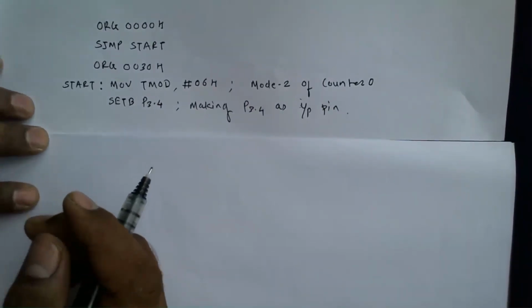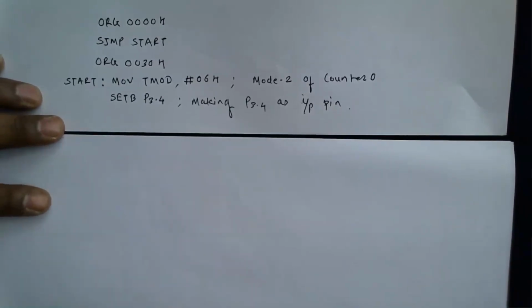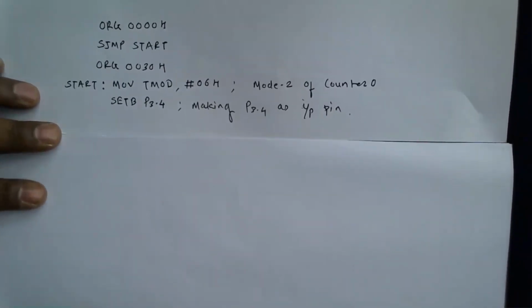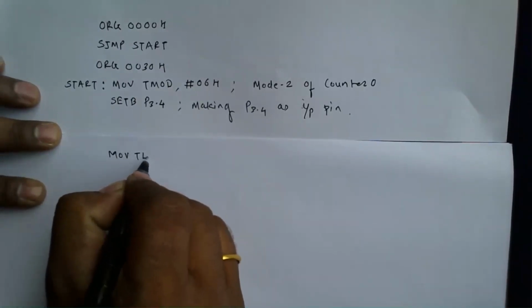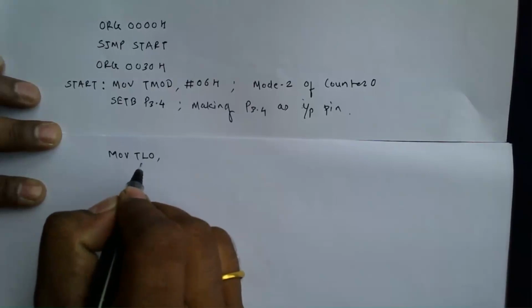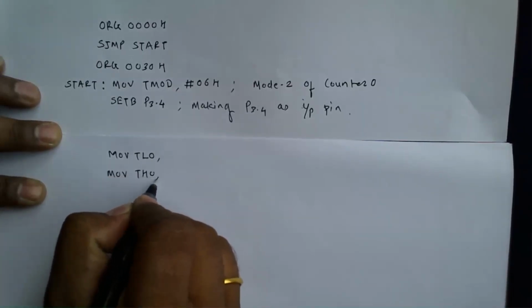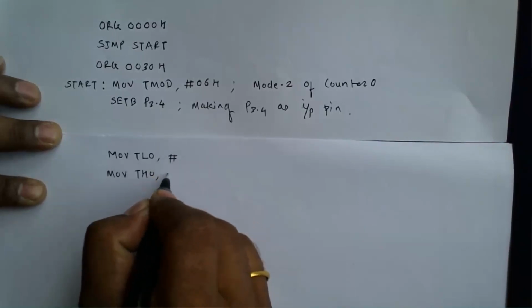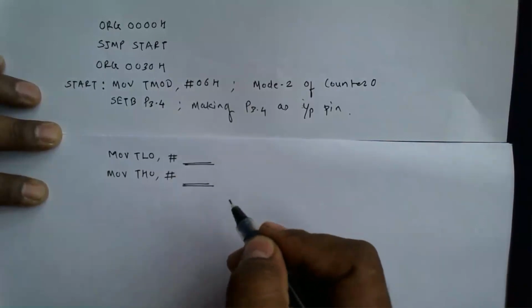So what is the next step? Setting the value of TL0 and TH0 here, right? So what we do, MOV TL0 comma, and then we do MOV TH0 comma, maybe hash, and we'll wait a minute here and let's think again.